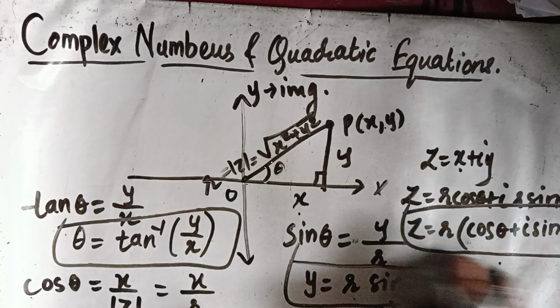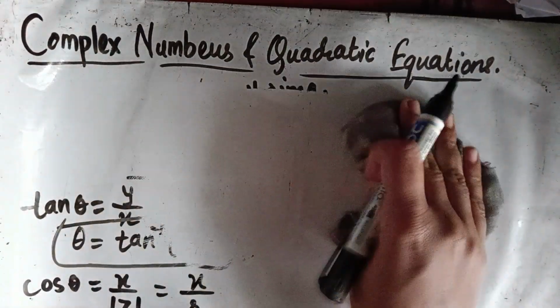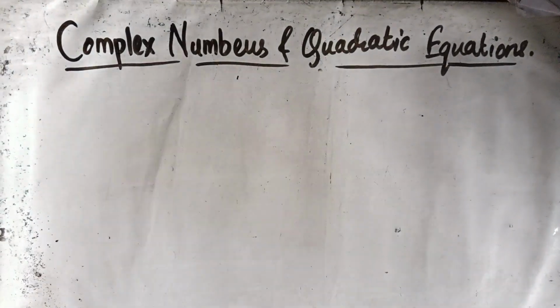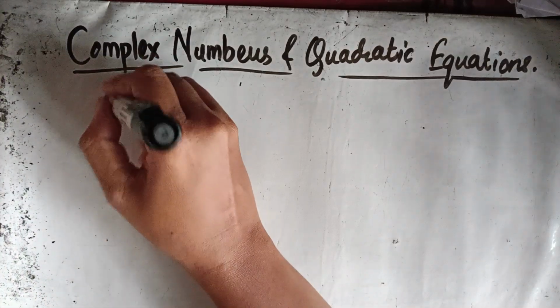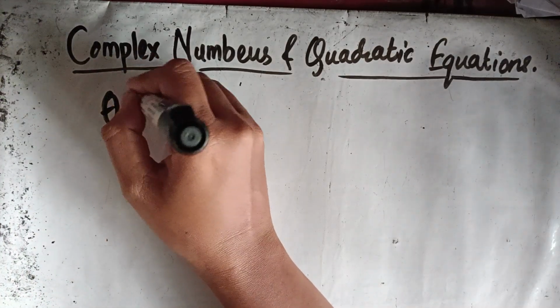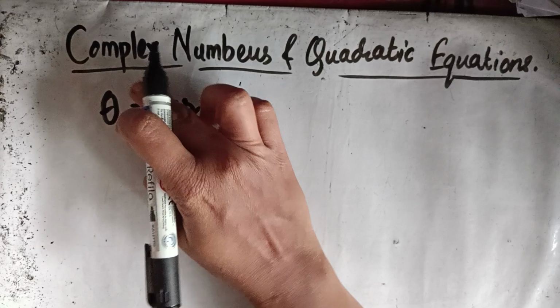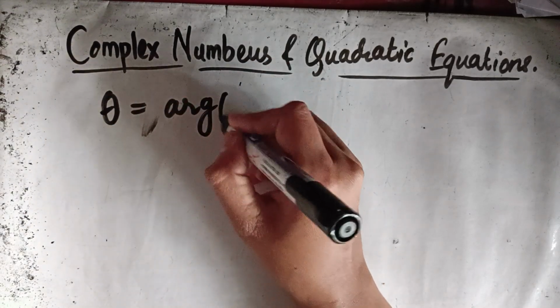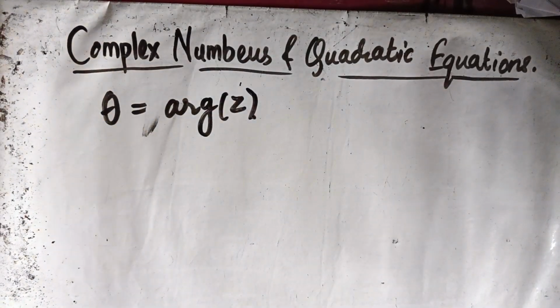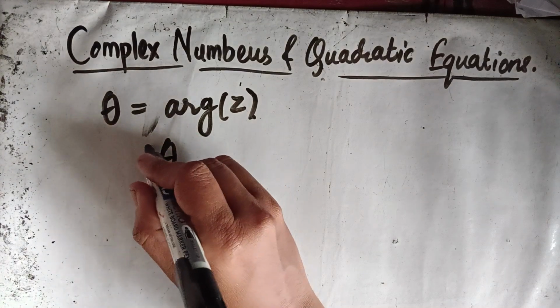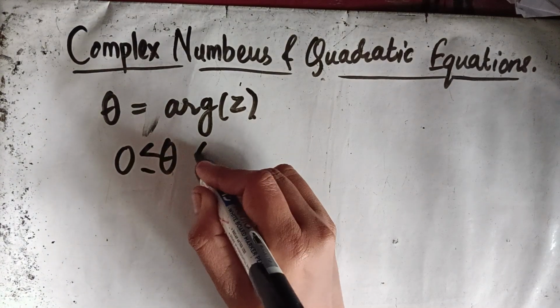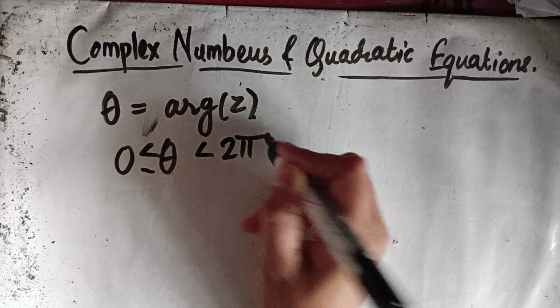Okay, and theta is called the argument of z. So this is given by, so the value of theta lies between 0 and 2 pi, right?